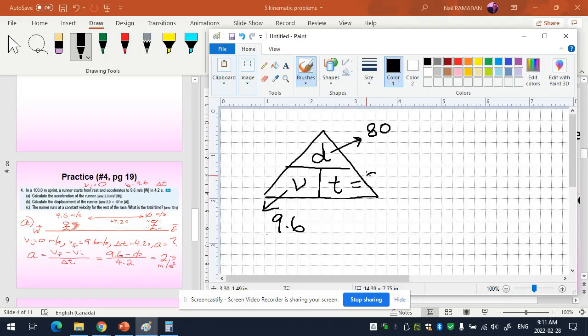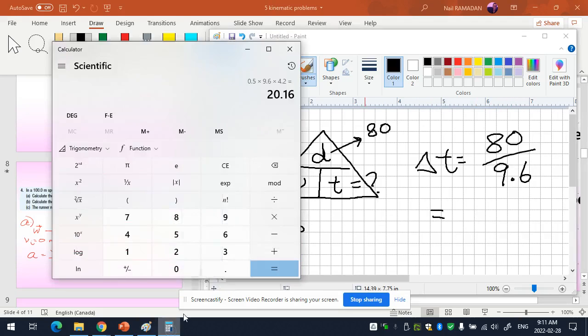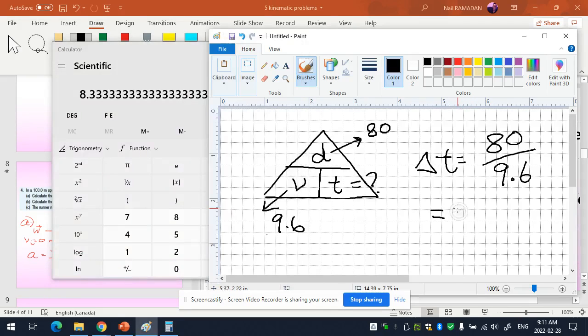Great. This is the one I have to find. So delta t, go ahead, equals what? 80 divided by 9.6, which is 8.3333. So 8.3 seconds. But that was not the actual question in part C.